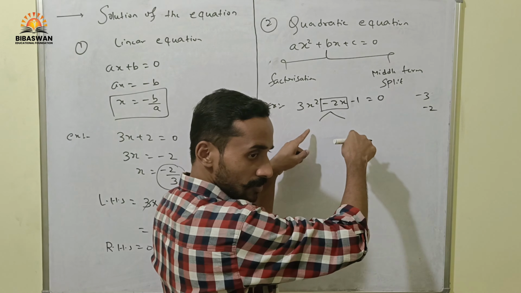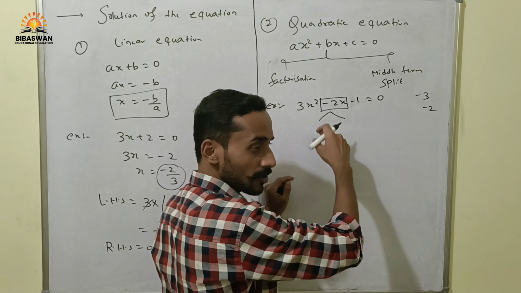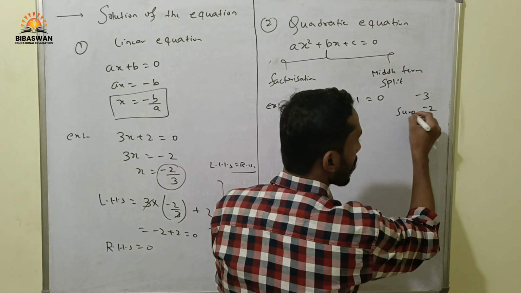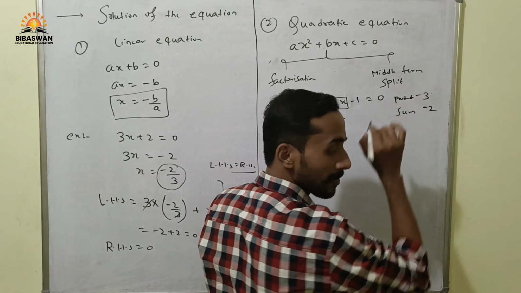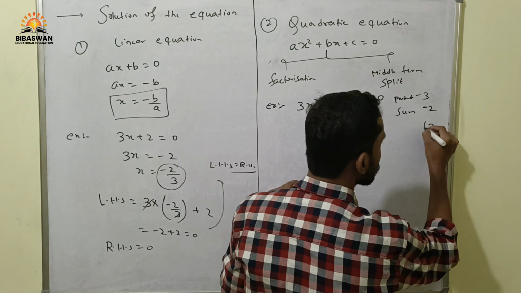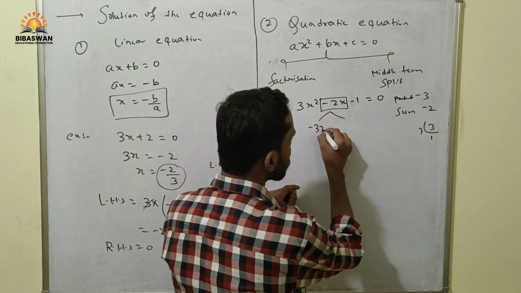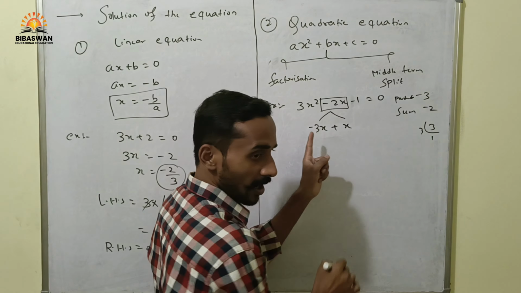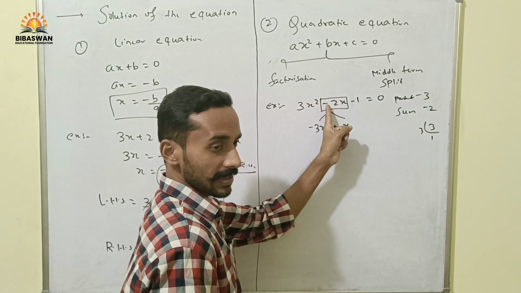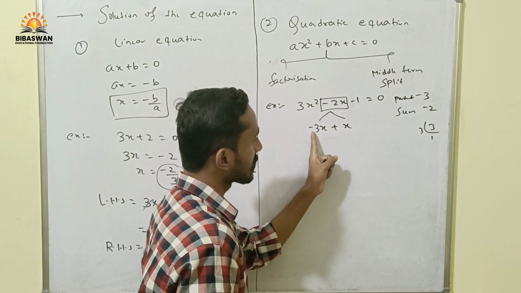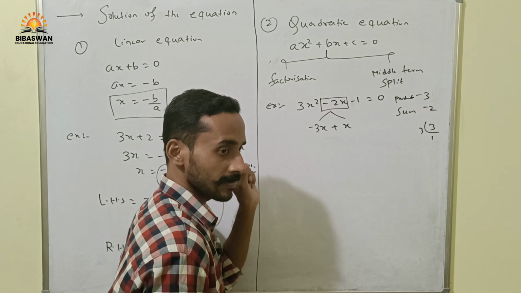When we split these two terms, the sum should be the middle part, minus 2x, but the product should be minus 3. So we choose 3 and 1, and we split as minus 3x plus x. Now see the sum: minus 3x plus x gives minus 2x, and minus 3 multiply 1 gives minus 3. Now that is okay.